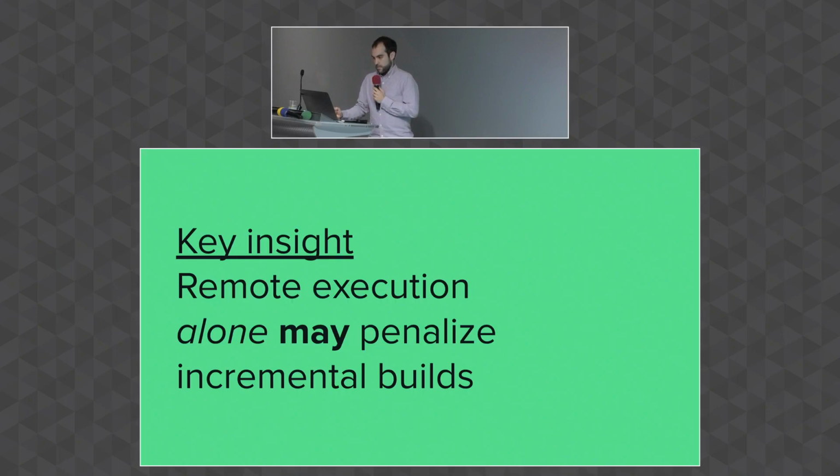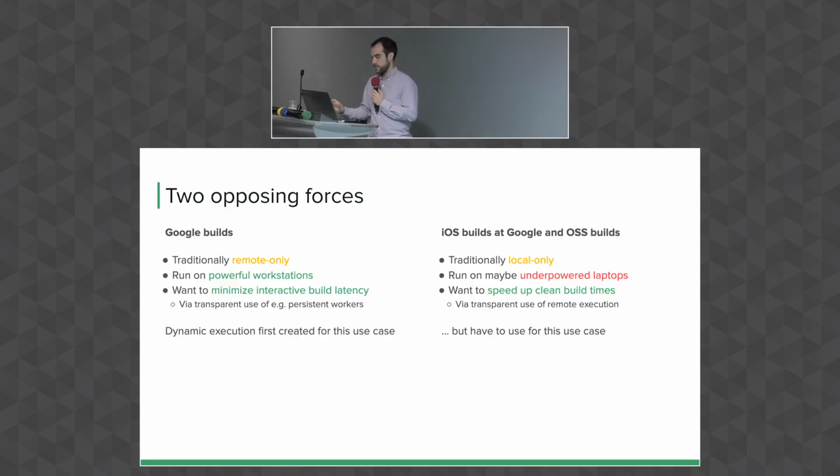Okay. Now, why is the dynamic scheduler problematic, or was problematic for us? It all comes down to its history, right? On the left side, we have the builds that we have had at Google for a long time. They have always been, for the most part, remote, and they have been run from very powerful workstations.